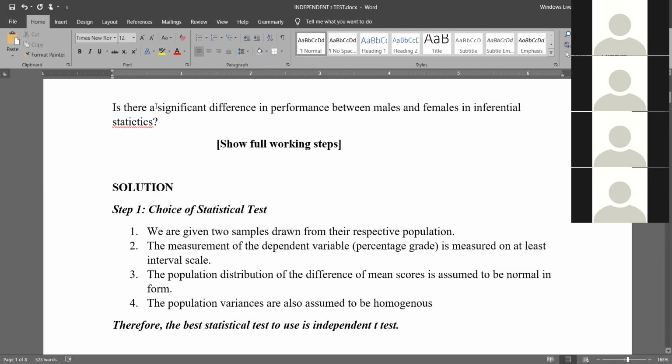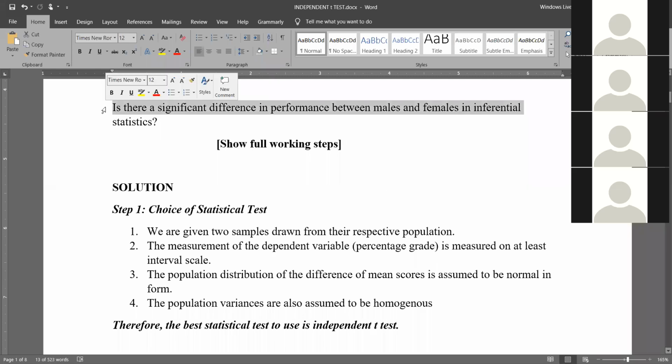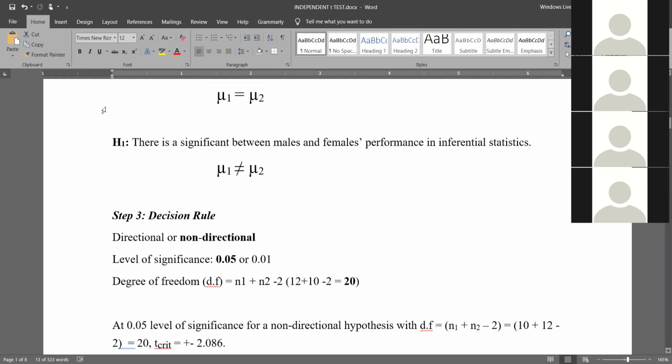Was it in a directional form or non-directional form? This prediction is non-directional, because they didn't tell us whether males will be higher or better or worse than the other group. They just said there will be a difference. So it means it is two-tailed or non-directional.